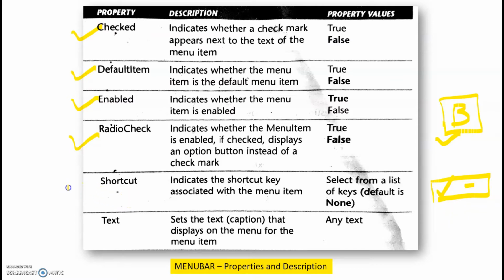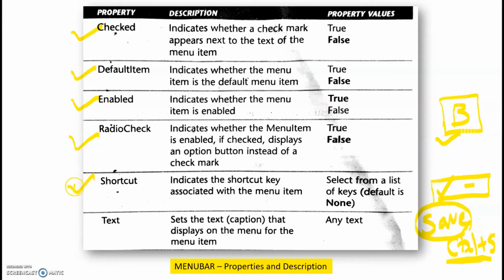Then the next is the Shortcut Key. You have seen that when there is a Save option in the menu, there is always Ctrl plus S as a shortcut key. We use Ctrl S to save, or else you can go to the menu and click on Save, but beside the Save menu Ctrl S is written.